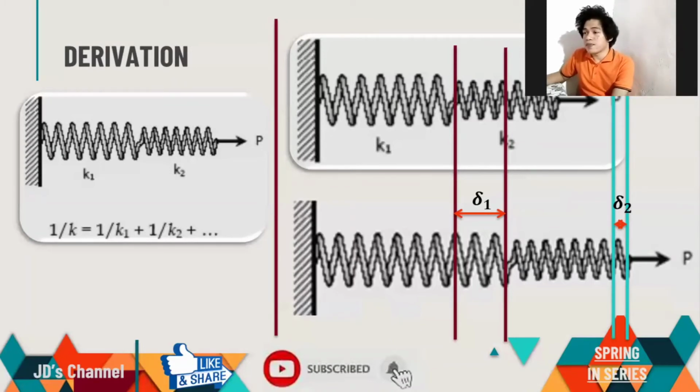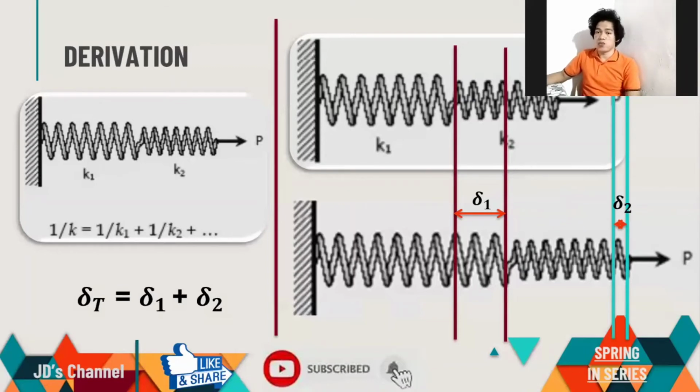Okay, so, yan yung ating delta. So, find the total delta or elongation. So, we have total delta is delta 1 plus delta 2. So, yan class, yung ating delta. Ngayon, let's proceed naman dun sa mga forces acting dun sa ating body.